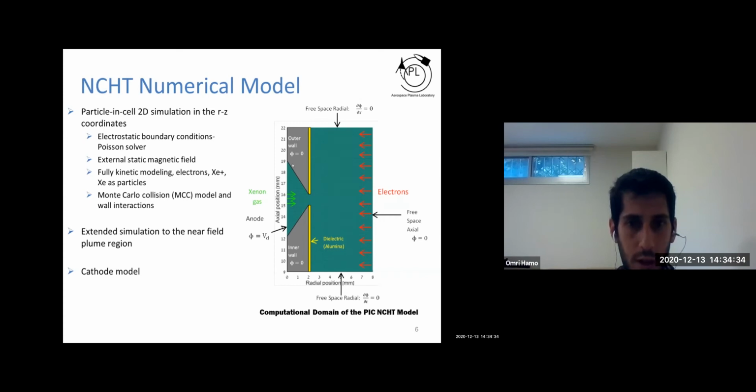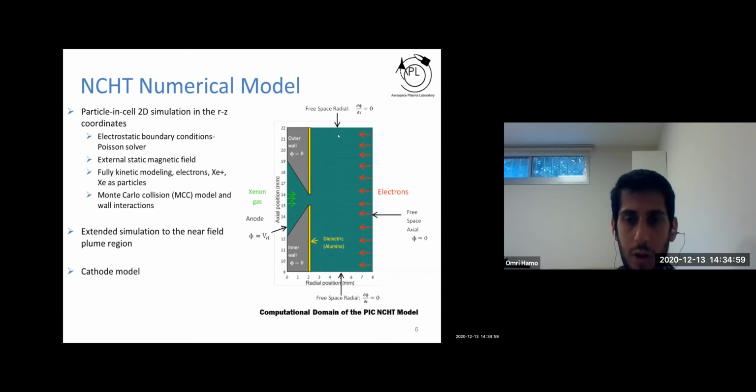So we have a boundary condition for the potential here. At the anode, the potential is the discharge voltage. At the metal walls, the potential is the cathode potential, which is phi equals 0. At the right boundary, we have the cathode potential phi equals 0 and the electrons are emitted from here to model the cathode operation.